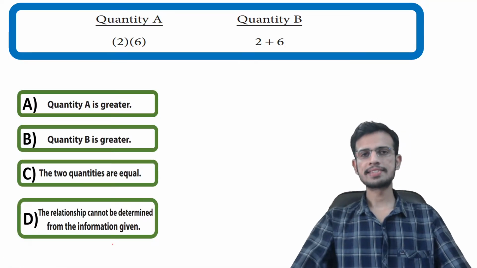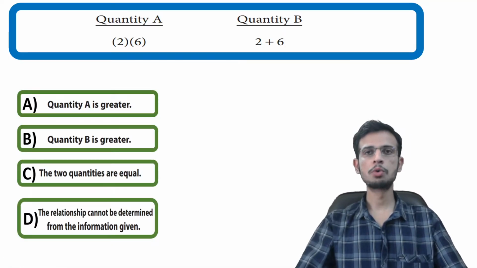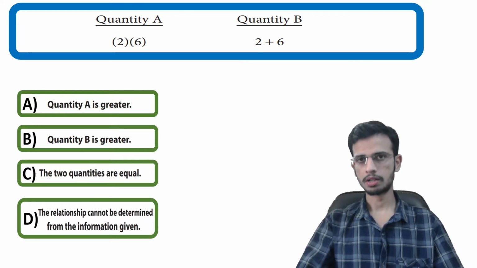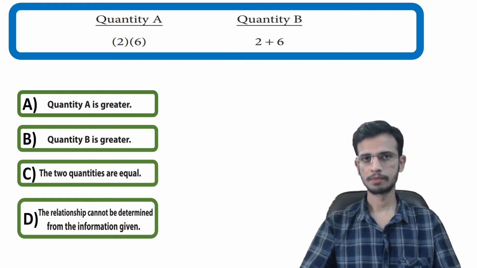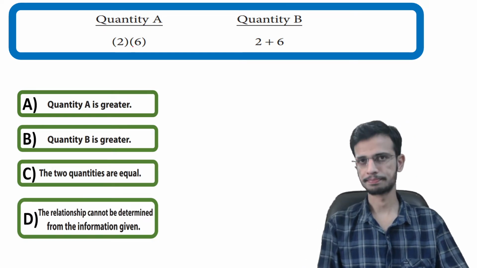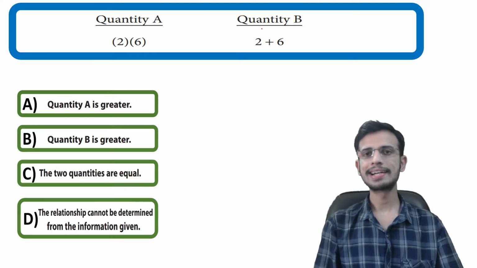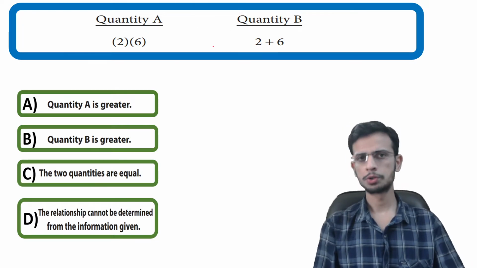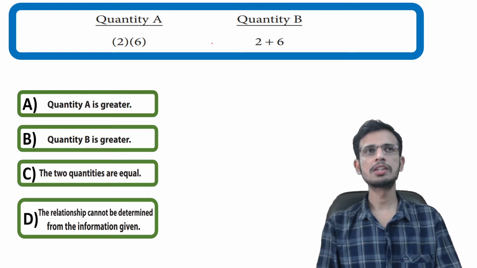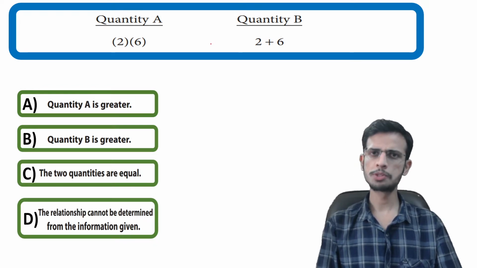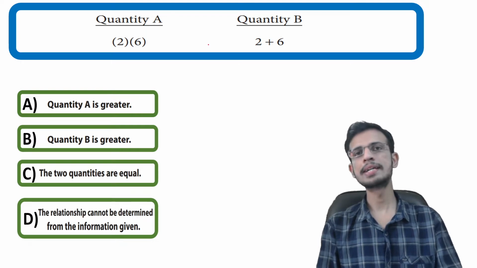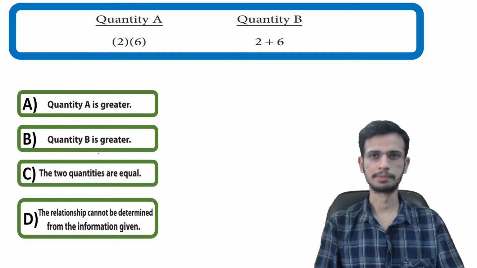Basically, in this type of question, you have to compare two quantities. Quantity A will be given to you, and quantity B will be given to you. Suppose it's a basic example: quantity A is 2 into 6, that is 12, and quantity B is 2 plus 6, that is 8. When you compare two quantities, there are three possible outcomes: either quantity A will be greater, or B will be greater, or both are equal.